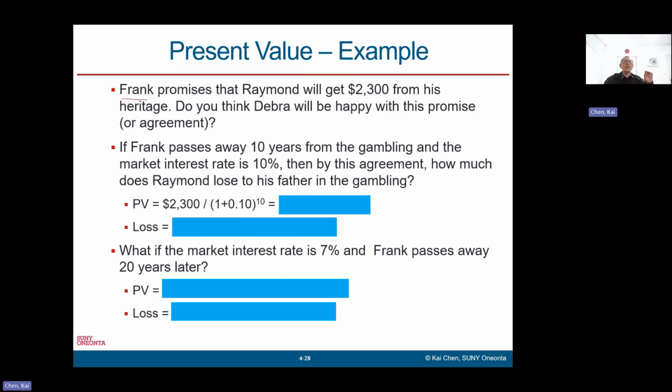So this is the present value issue, right? We know the future value: 10 years from now, that is $2,300. We know the market interest rate, and then what is the present value? We can use a formula.